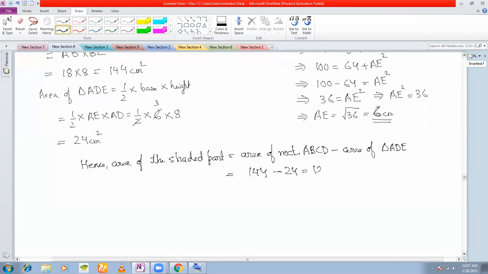So which is 120 centimeter square. That is the area of the shaded part.